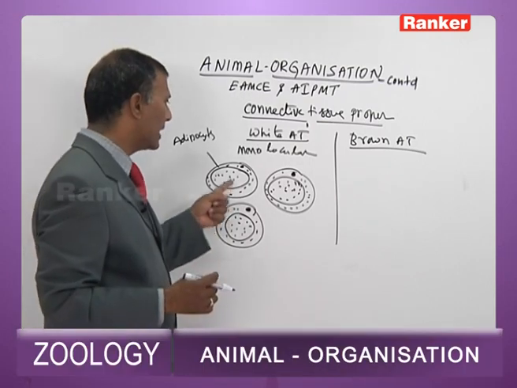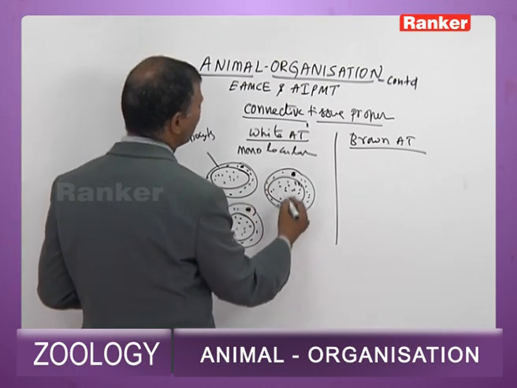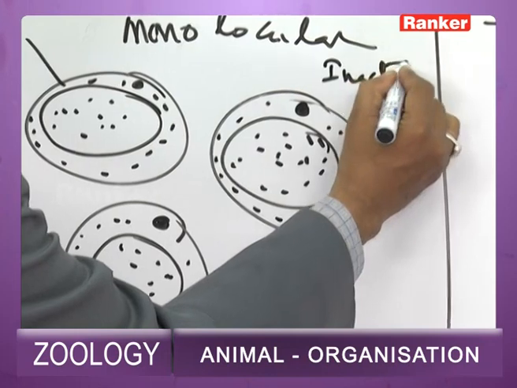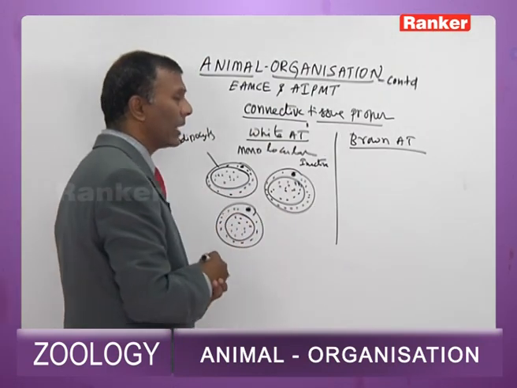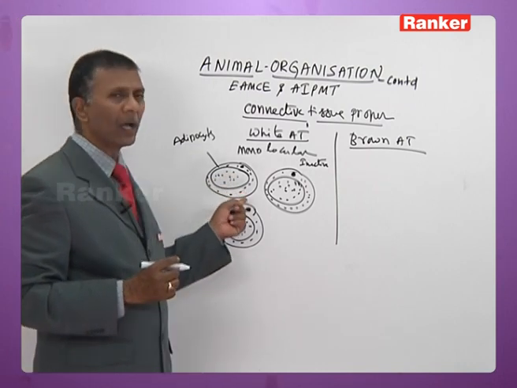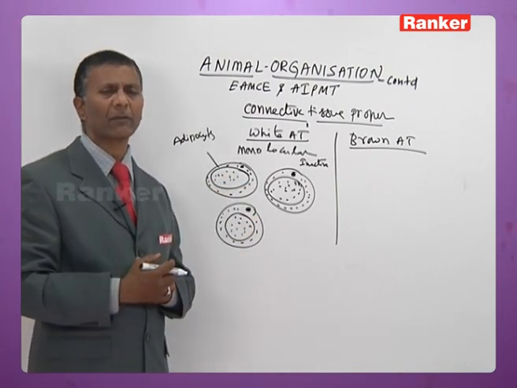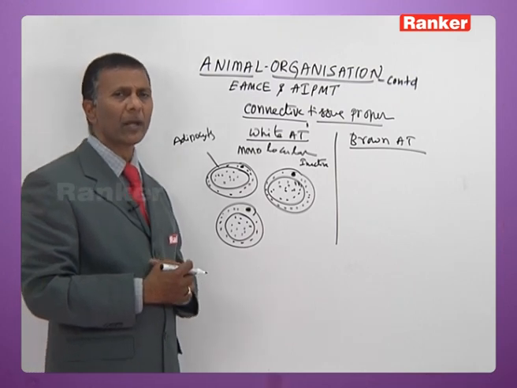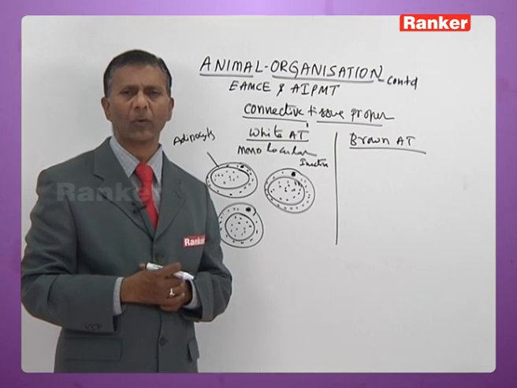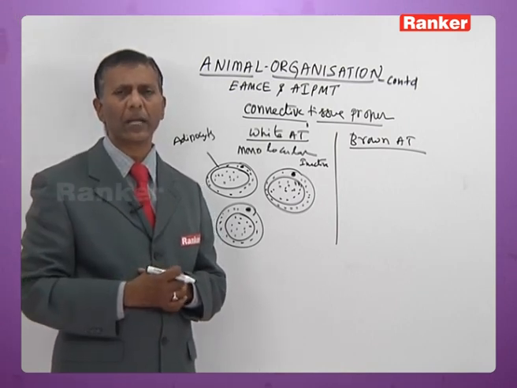Now, white adipose tissue is metabolically inactive, because the mitochondria in this particular tissue are with cristae. Whenever there is a combustion of fatty acids, the mitochondria trap the heat and convert it into ATP.